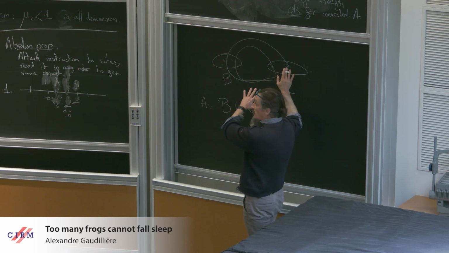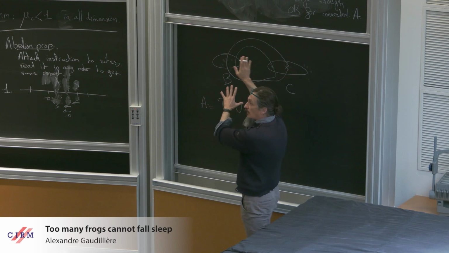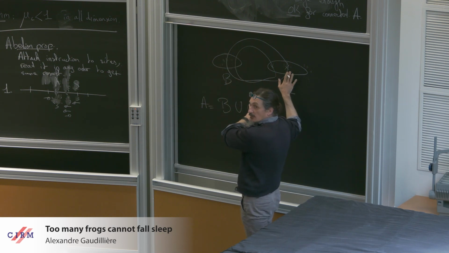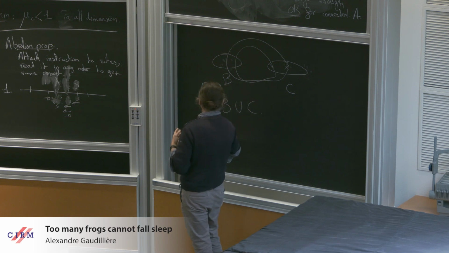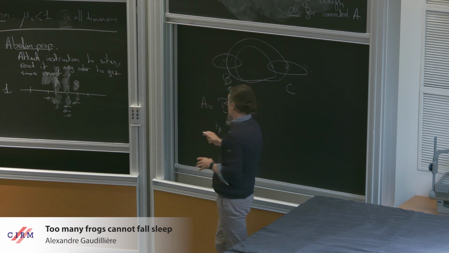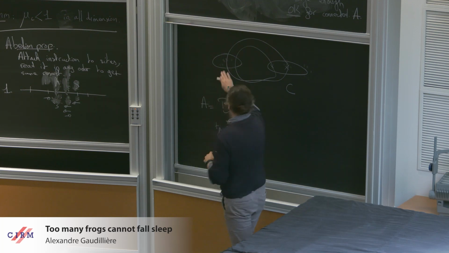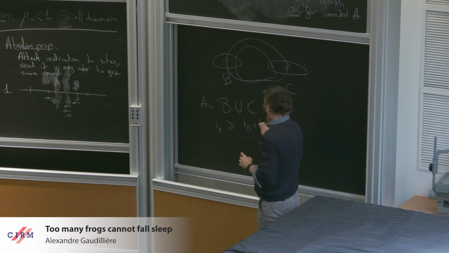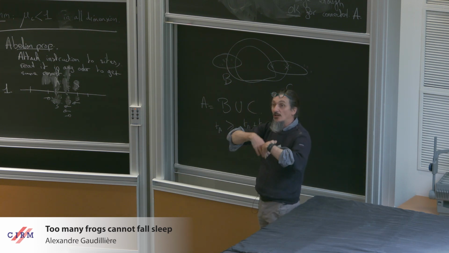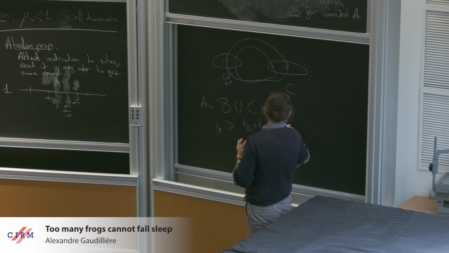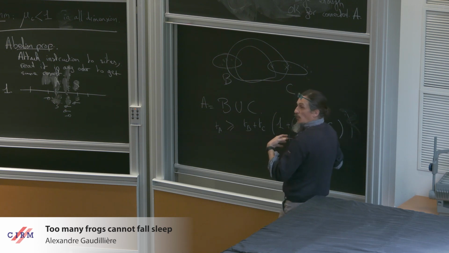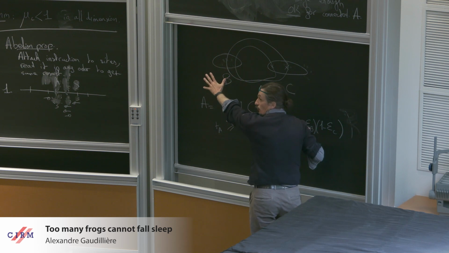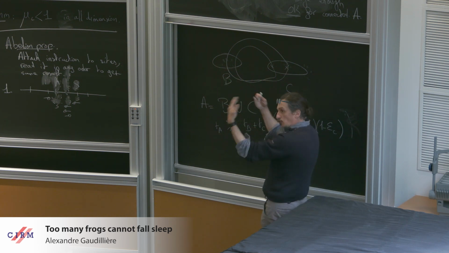And it's possible that you completely activate B while stabilizing C. So if you call TA the time to stabilize the whole thing, it would be at least the time you need to stabilize B plus the time to stabilize C. But maybe you will have to restart again, with a probability which is 1 minus epsilon B times 1 minus epsilon C, where epsilon B is the probability of not awaking completely the other part while stabilizing this one. And you can continue like this.